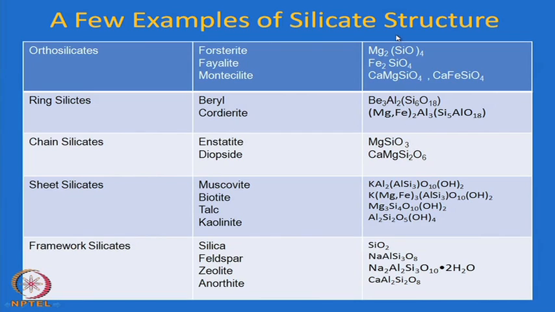Forsterite was 2MgO·SiO2, that means 2 molecules of MgO forming a compound with 1 molecule of SiO2, whereas here it is 1 MgO and 1 SiO2, that is MgO·SiO2. So, that is enstatite, and that has a different structure compared to forsterite. Both of them are basically magnesium silicate, but they have different structures.